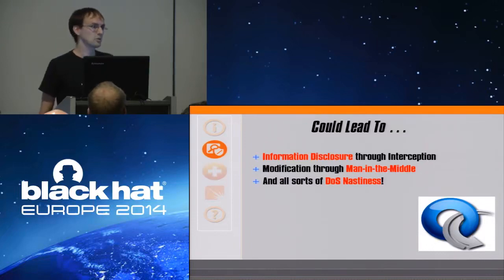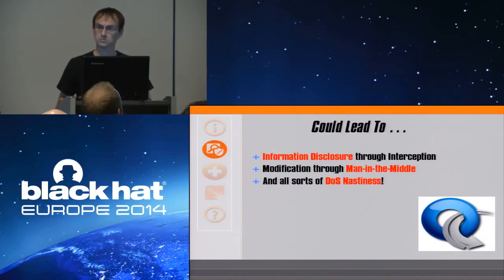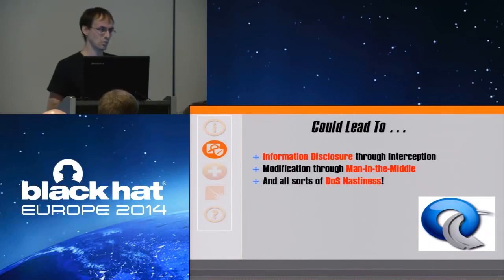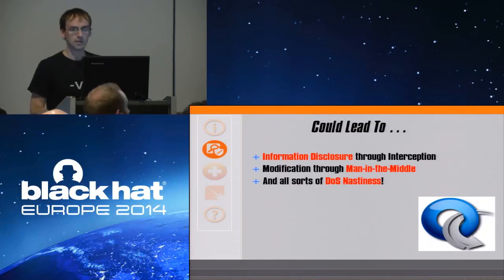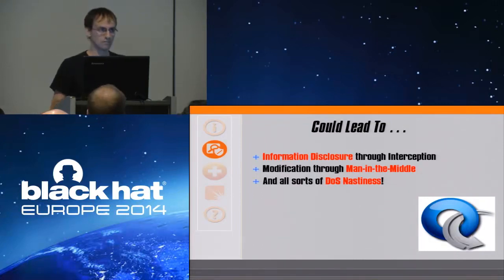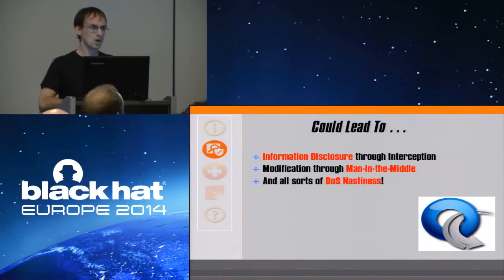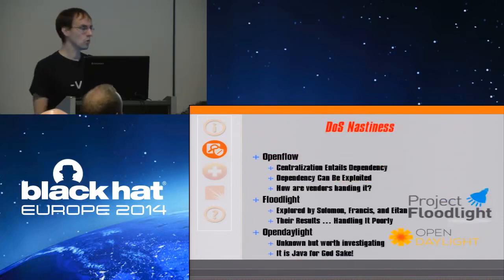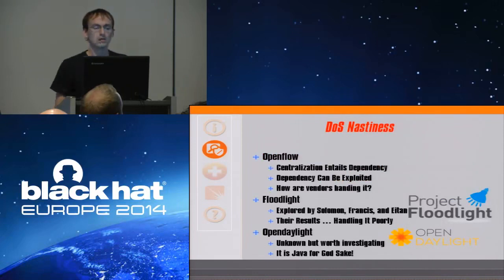We're going to have a lot of issues here with our environment because, if you're lucky, you may get that matching set of controllers and switches that support TLS, but for the most part, a lot of people won't. So most people will have problems with information disclosure and modification if you're a man in the middle, because you won't have that right matchup. And then because we don't see authentication support across the board, there's one vendor for TLS, everyone is then going to have a problem with denial of service issues. Okay. So speaking of denial of service issues, OpenFlow, as we can already run this through our mind, right?